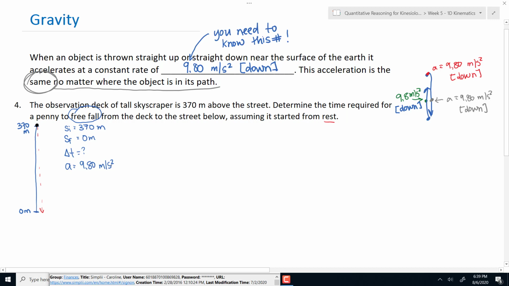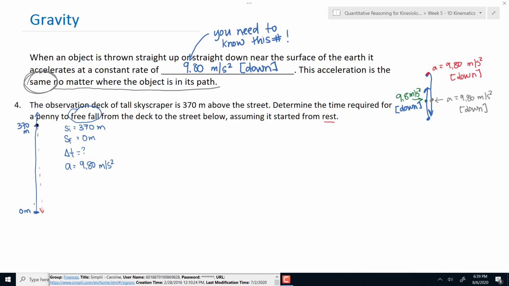So now we need to decide, is down positive or is down negative? Now that just depends on how you set up your question. Do you see how the bottom down here is 0 meters and up here is 370 meters? Well, then we're saying that going upwards is the positive direction because we went from 0 to 370. So we said, by setting this up, that up is positive.